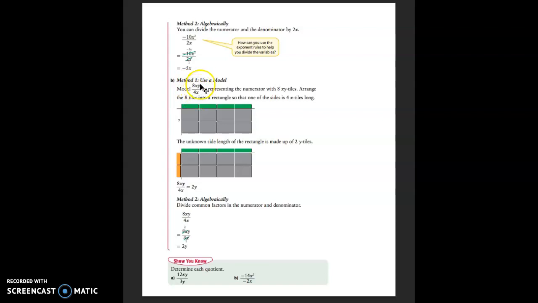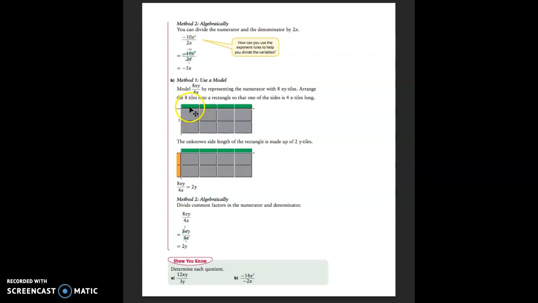So again, you're setting this up by putting this divisor or this number in this area, which is 8 gray tiles, which each represents x and y. And then you know that you're dividing 4x, which is 4 green tiles, and then you want to know what multiplies a green tile gives you an xy tile.